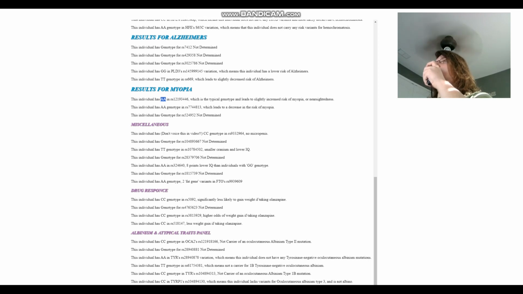But most of us have AA. Most people don't have the G allele. It's pretty rare. So most people actually have a slightly increased risk of nearsightedness or myopia if you just look at this variation. What about this variation? This leads to a decrease in the risk of myopia. Well, I don't think orangutans or any of the other monkeys have myopia. I don't think it's a monkey illness.